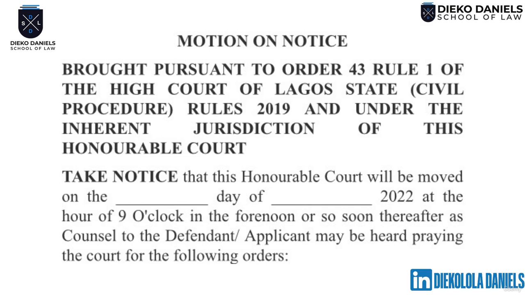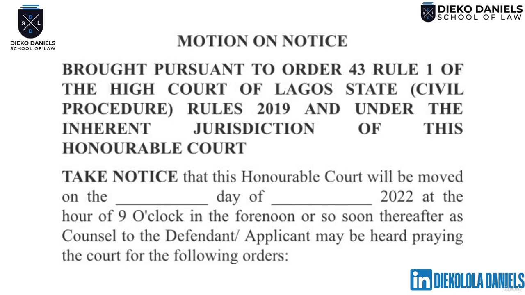Now, it is possible for you to still bring it pursuant to section 251. Nothing stops you. Even when we are talking about motion on notice, nothing stops you. You can bring it under section 251. You can bring it under any of the orders if an order permits. Right? But since there is no order that talks about jurisdiction per se, that is why we are bringing it under order 43.